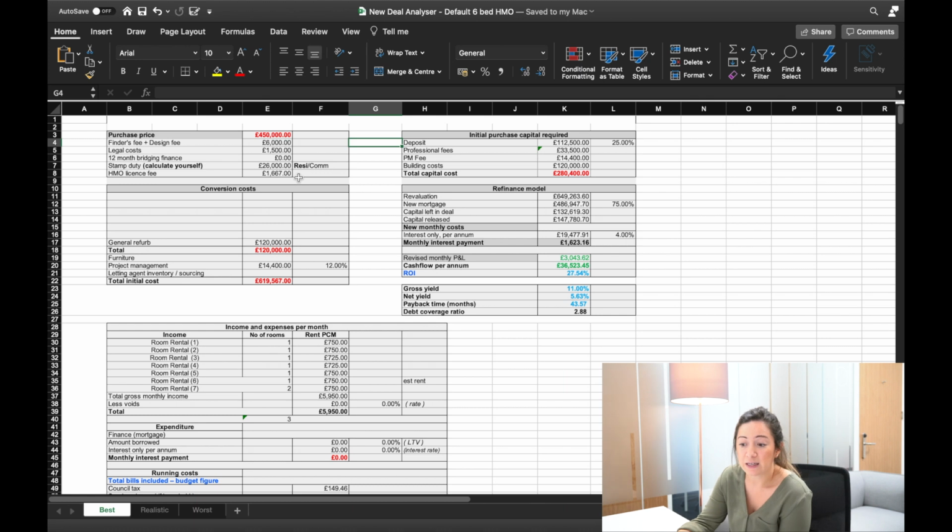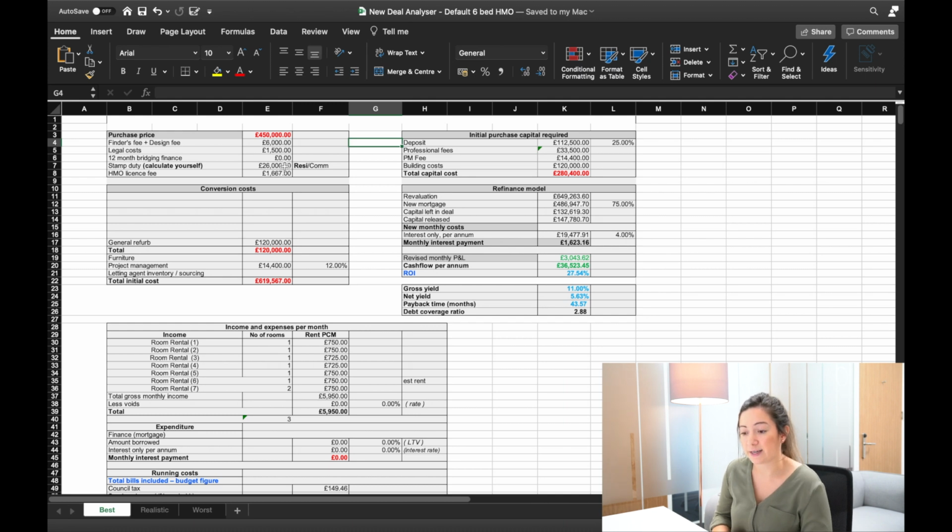Stamp duty, this doesn't calculate it on here, so you'd have to go onto a website. A really good one is stampdutycalculator.org or .com or something like that. On there you've got the option for your main residence, but if you click another tab it says second home, and that gives you your stamp duty calculation for investors.